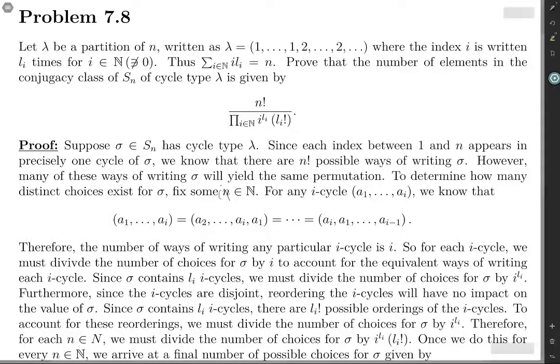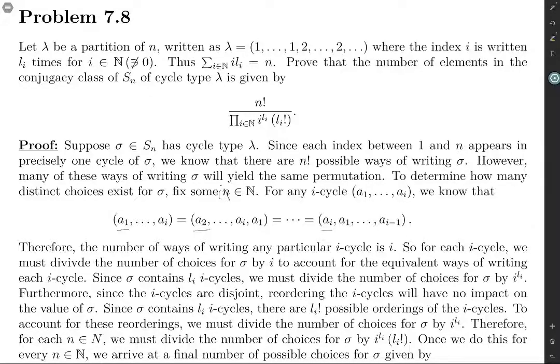So if you have a particular I cycle, the number of ways of writing it is, well, let's look at these indices here. We have A1, A2, all the way up through AI. So you've got I different possibilities here. And of course, if you were to keep going from here, the next thing that comes after this is just A1, comma, and so on, but that's exactly what we started with. So this is a complete list, and if we count these, we've got I choices.